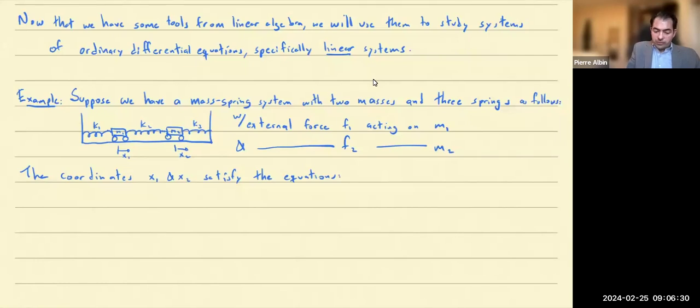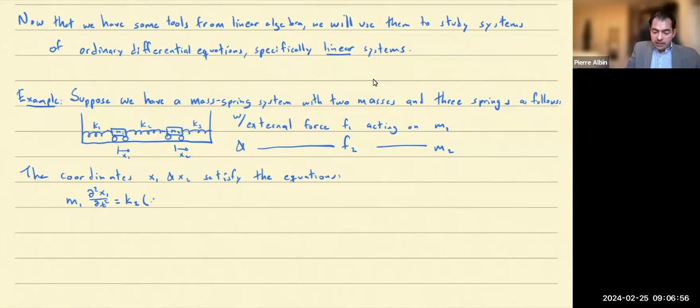Okay, so just using Newton's law, we have mass 1 times the acceleration, so the second derivative of x1 with respect to t. It's going to be K2 times the compression of the second spring.